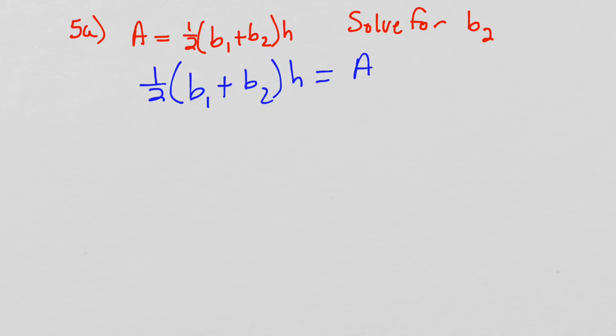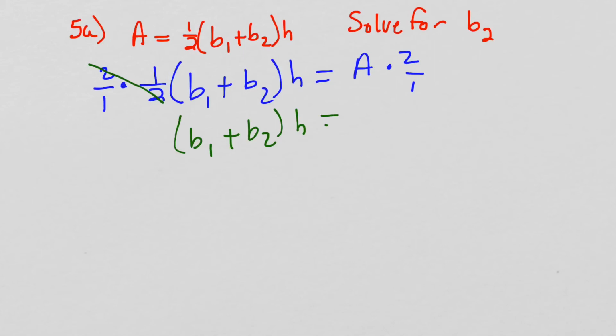It's not, so we have to see what math operation the 2 is doing. The 2 is dividing, so we're going to multiply both sides by 2. This is going to cancel out the 2's, and it's going to leave us with B1 plus B2 times H is equal to 2A.